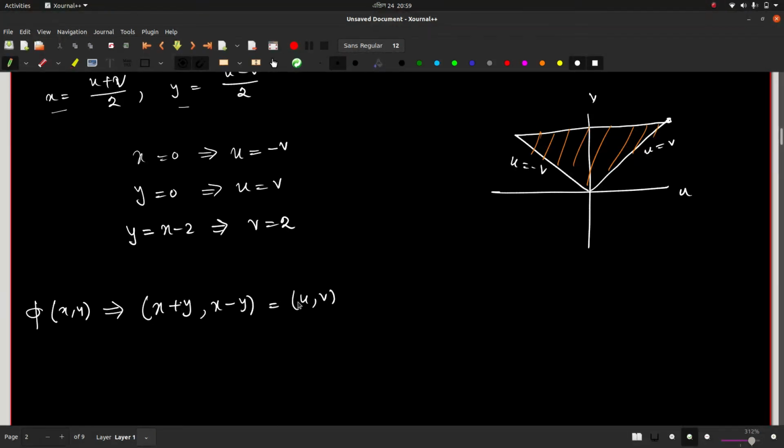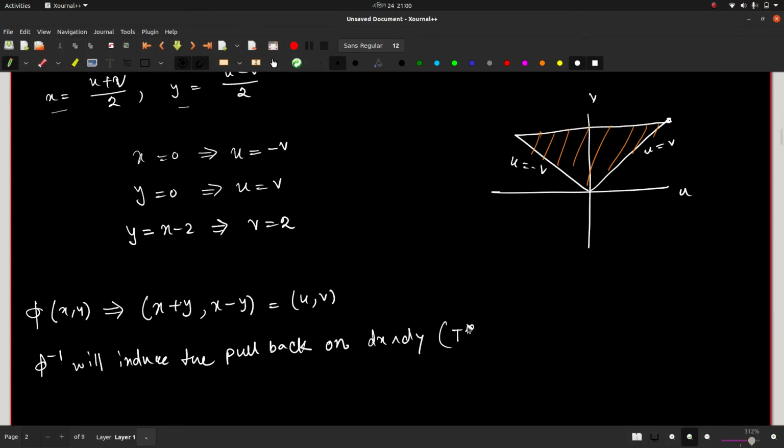So this is our mapping. And the phi inverse will induce the pullback on dx wedged with dy. That means this mapping, phi inverse star of dx wedged with dy.